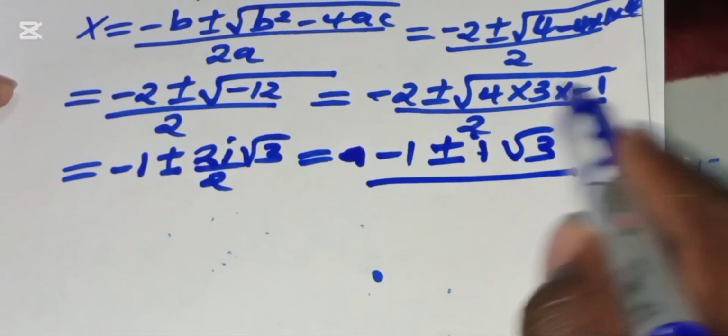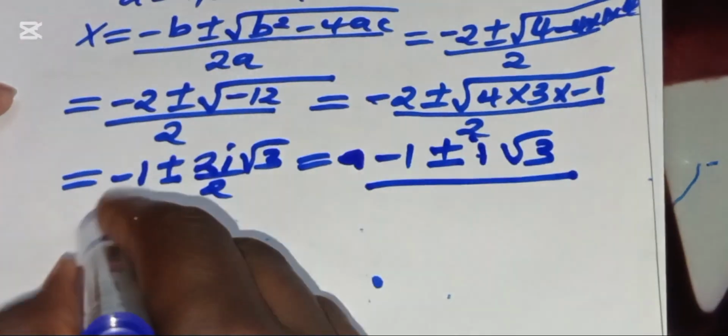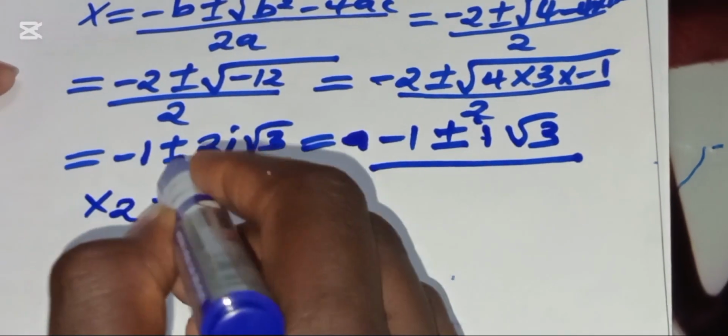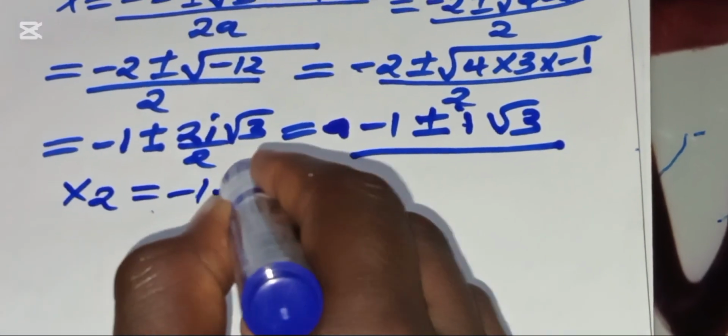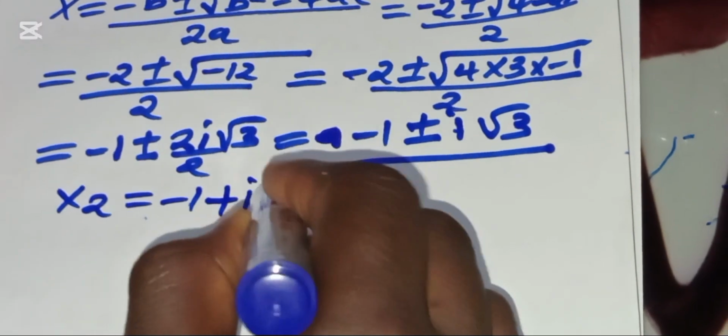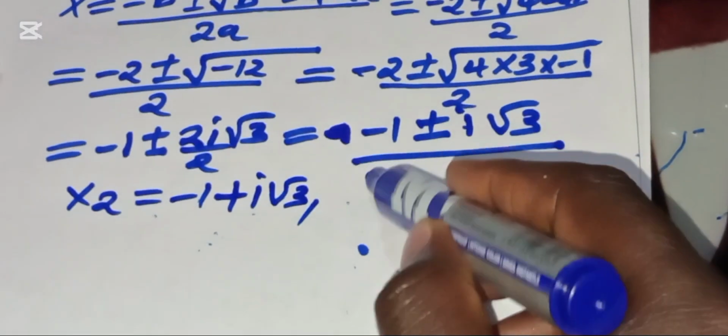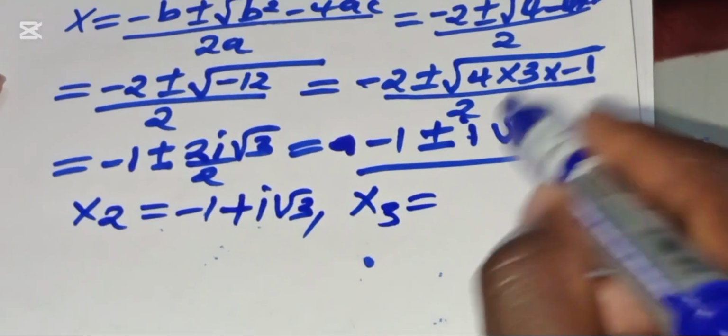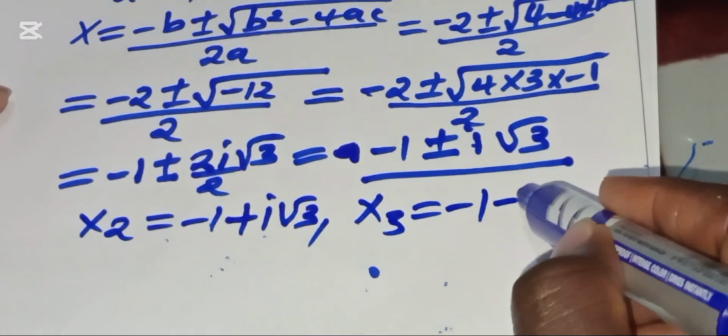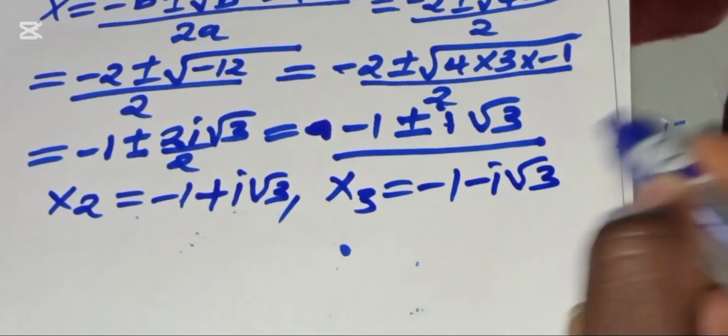So this is what we have as x2, which is -1 plus i square root of 3, and x3, which is equal to -1 minus i square root of 3.